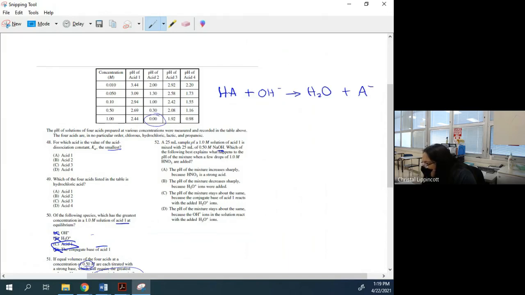Okay, so 25 mL of 1 molar acid: 1 times 0.025 will be 0.025 moles. And here, 25 times 0.5, so that would be 0.5, and this is actually 0.025.